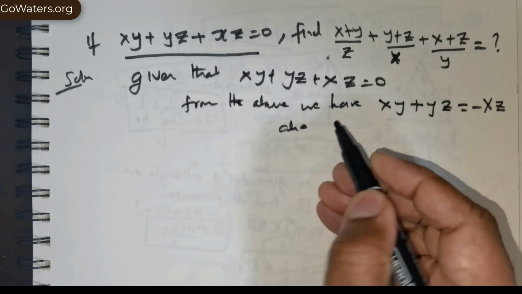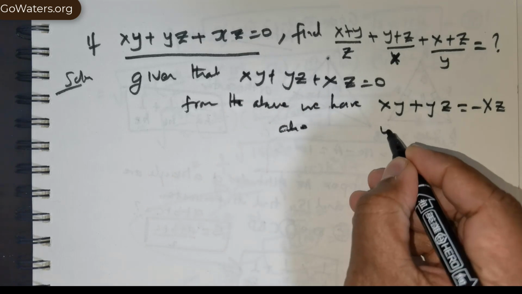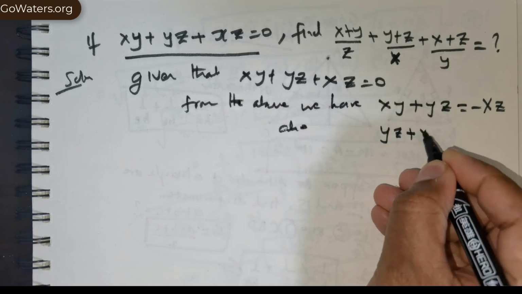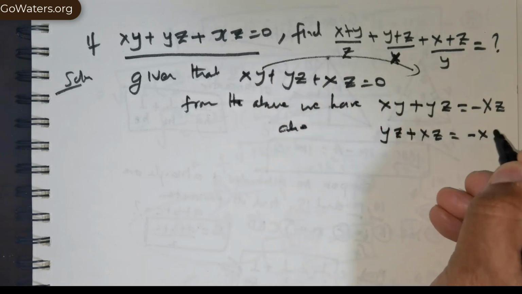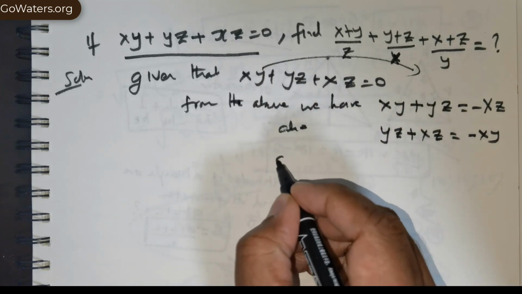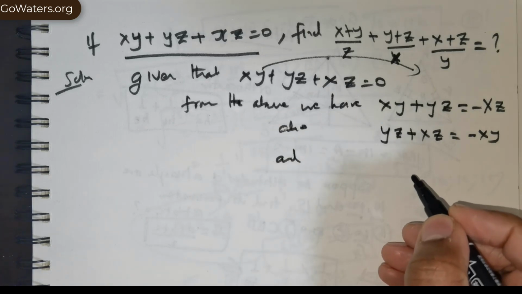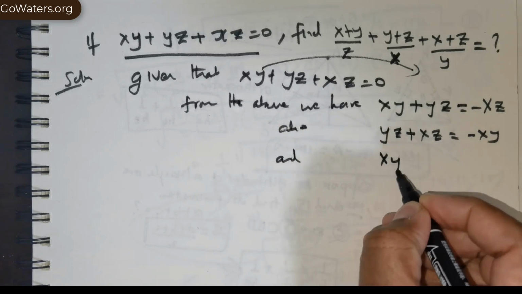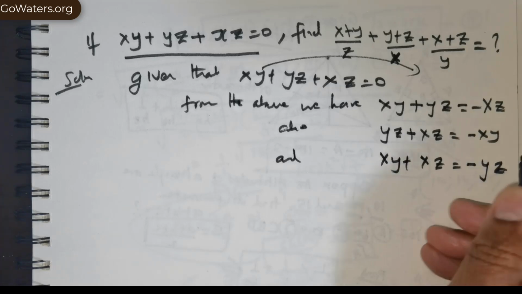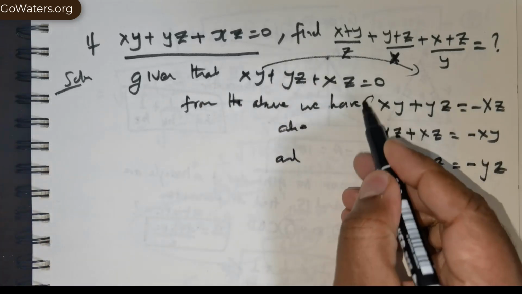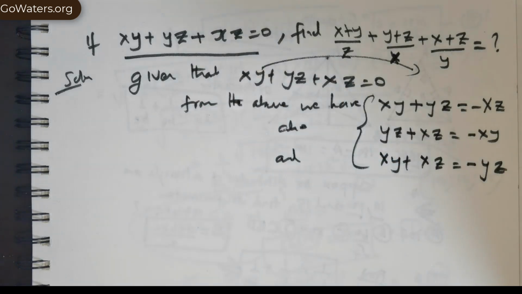Also, yz + xz, flipping this to the other side, is equal to -xy, and we have xy + xz = -yz. So all of these conditions which we have placed here are possible.